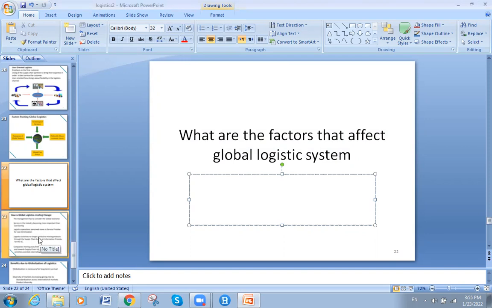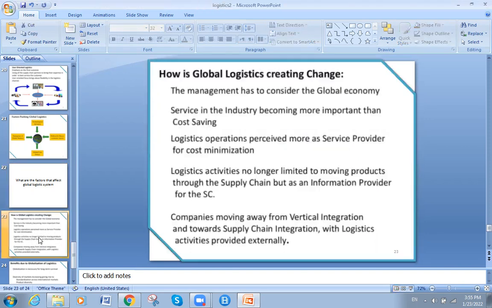Then we'll move on to another slide right now. How is global logistics creating change? The challenge of the global logistics systems. The management has to consider the global economy, service in the industry becoming more important than cost saving. So what are you doing as a global logistic system?